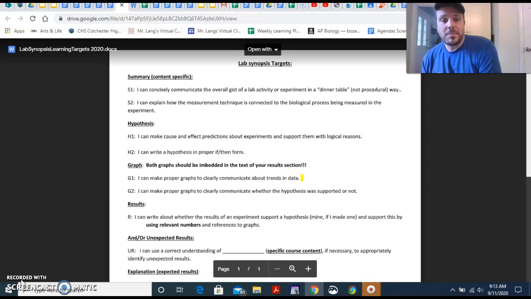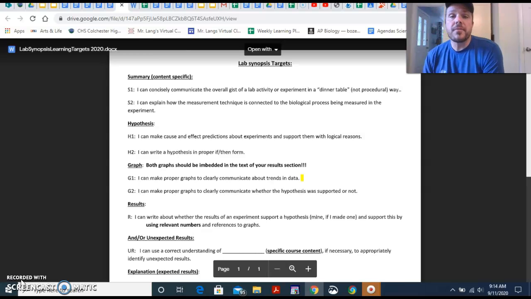So I want you to take some time to think about photosynthesis and the photosynthesis lab that you hopefully have made a draft procedure for. You have a null hypothesis and an alternative hypothesis, and I want you to focus on a couple of areas, because this lab synopsis is going to be a little bit different than I have it laid out in the lab synopsis targets, and I'll explain the differences.